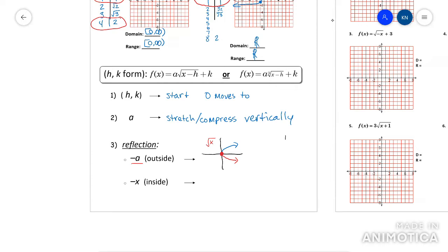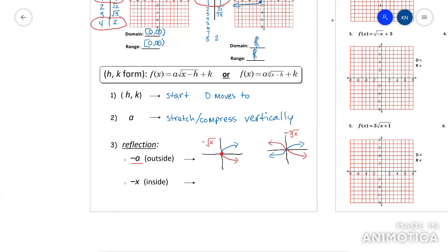For cube root, here's your default cube root function. Okay, again, it affects your y value, which means you reflect across the x-axis. So it would look like this. If it was negative, sorry, I should have put a negative over here as well.